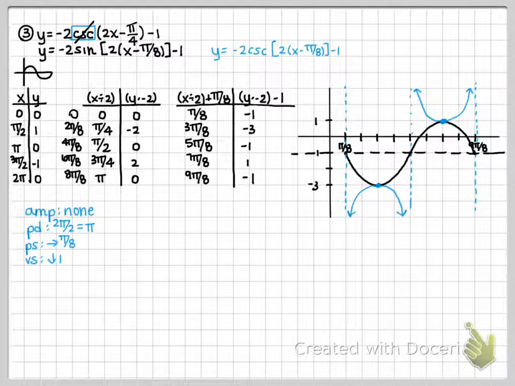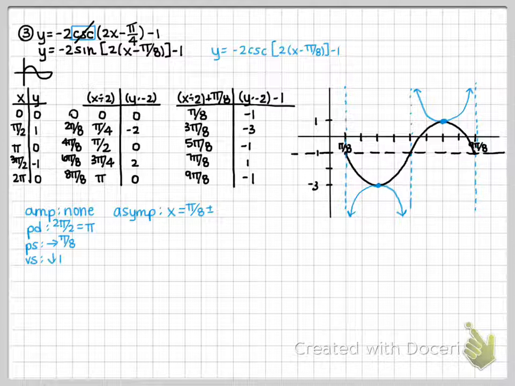Now, I'm going to do my asymptotes. They're going to be x equals, take a look at the graph. It looks like my first one is at pi over 8. So I'm going to go ahead and use that, pi over 8, plus or minus. Okay, this is where I would highly recommend that you actually take a second and count. So these are all in pi over 8 increments.